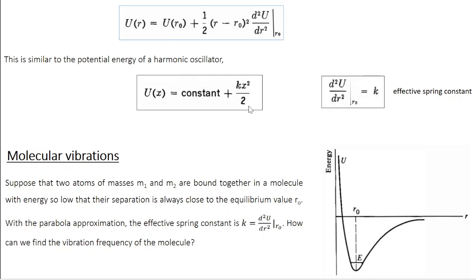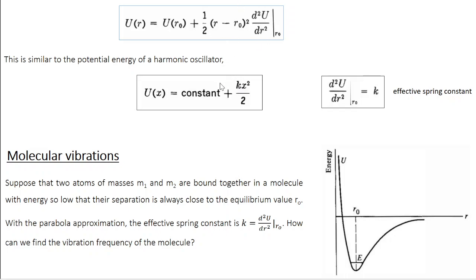Then you have the half factor here. R minus R naught is the displacement from the equilibrium position. Here x is the displacement from the equilibrium position, because you consider the equilibrium position to be 0 in this case, right? So this term is also common, and the only difference is here you have the spring constant k, and here you have a second order term.